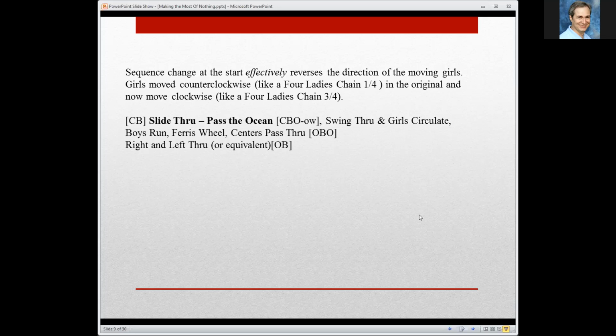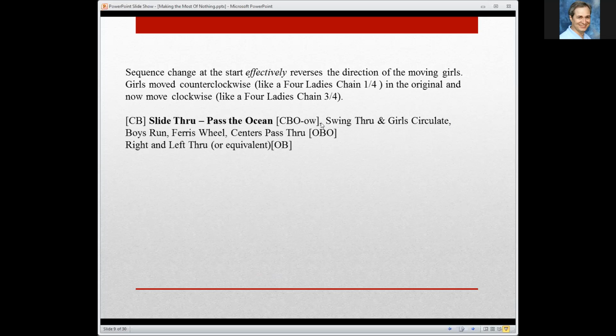Or if you started with your corner, you would end up with your partner. And then if you change the sequence, so the heads do a right and left through in the squared set, that changes the sequence. Now who is on the right? It's the corner. So it acts kind of like a 4 ladies chain 3/4 effect. All we did was change the order, but the effect sort of changes.